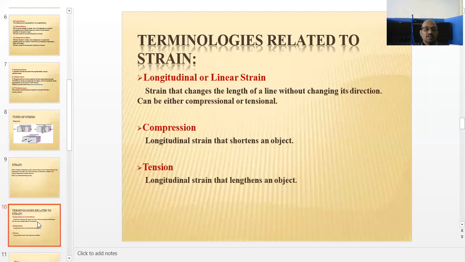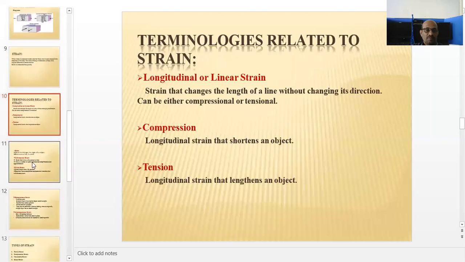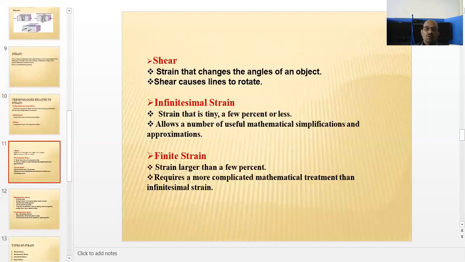Another topic is terminologies. Over here we have three more terminologies. The first one is shear strain, and the others are infinitesimal strain and finite strain. Shear strain is the strain that changes the angles of an object.